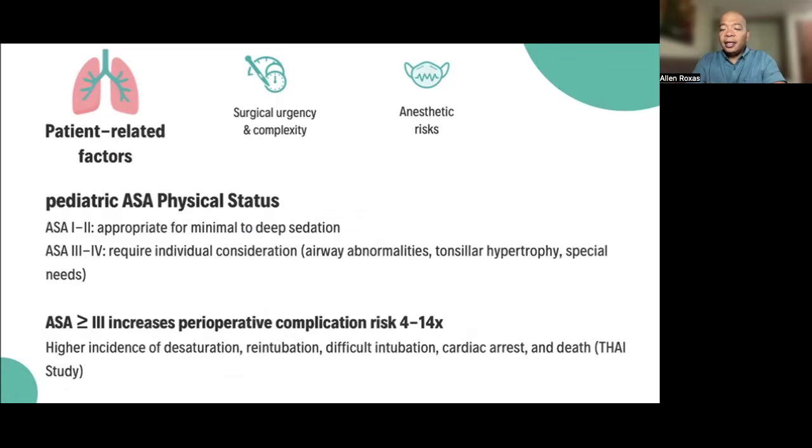Now, pediatric ASA classification 3 or more increases perioperative complication risk by 4 to 14 times, with higher incidence of desaturation, higher incidence of reintubation, cardiac arrest, or even death in a Thai study.